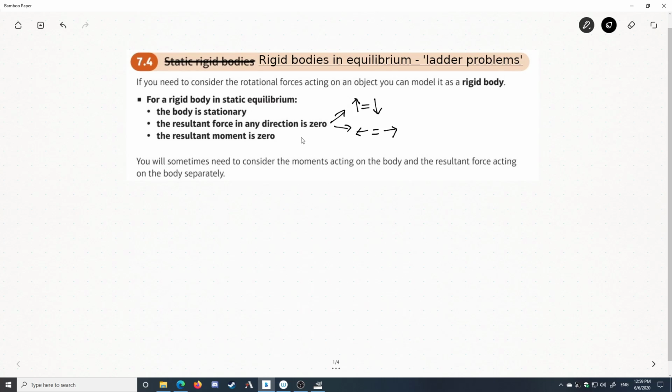And the resultant moment is zero, so you're also going to take moments about some point. There we go. So these three things, 1, 2, 3, is going to be the working that we'll use in every question. So on to an example.